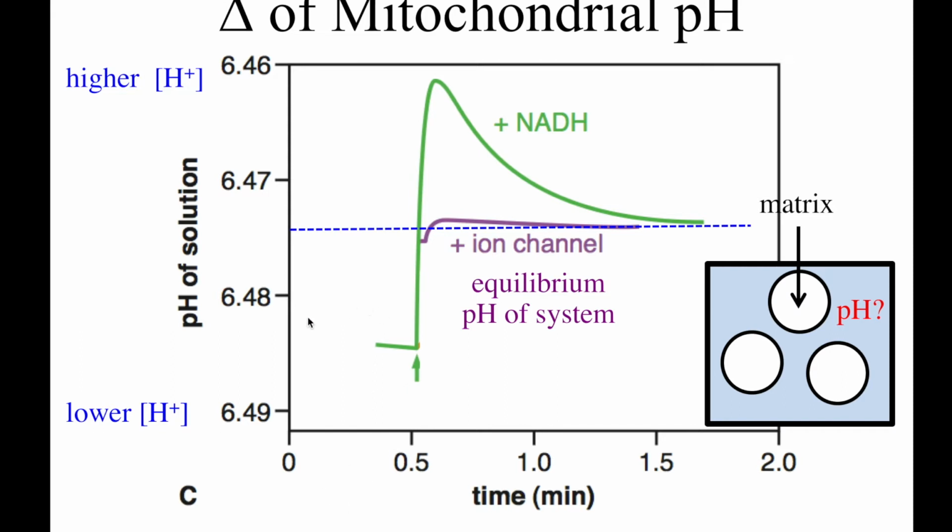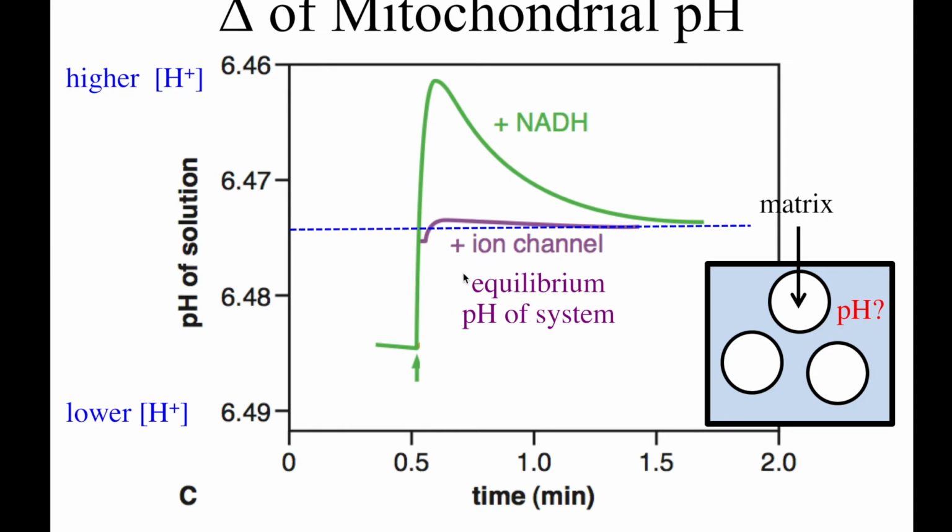So if you measure the pH of a mitochondrion, when you add the NADH, the pH goes down inside the compartment, the innermost compartment of the mitochondrion.